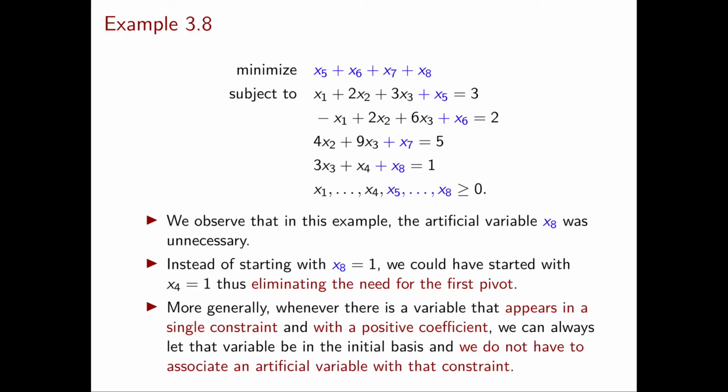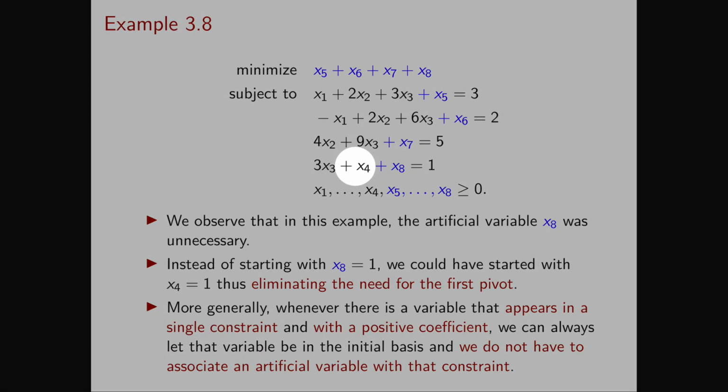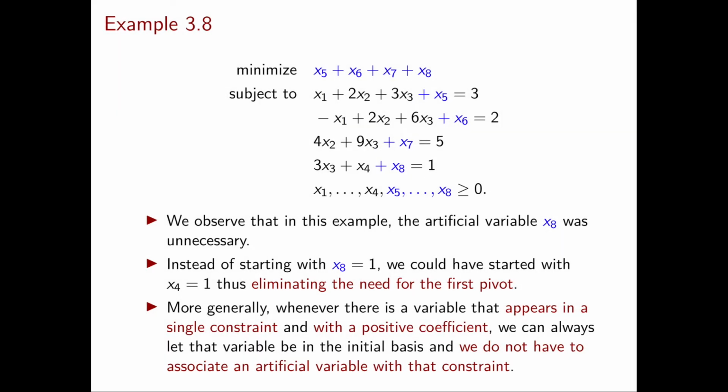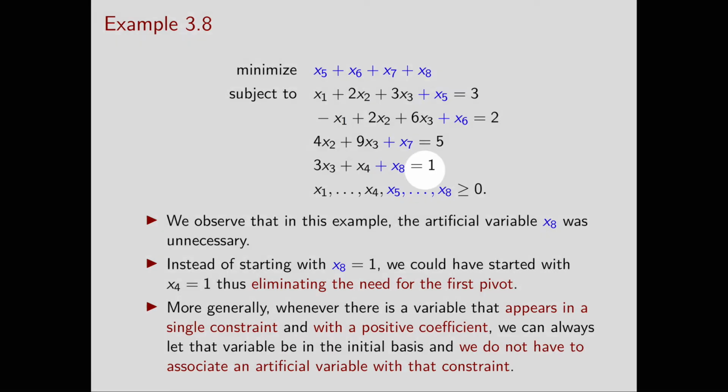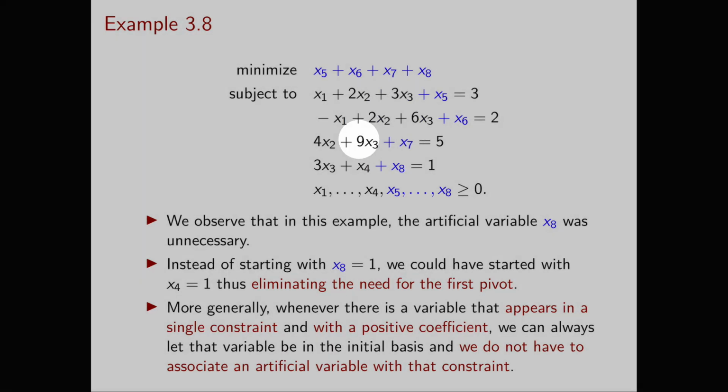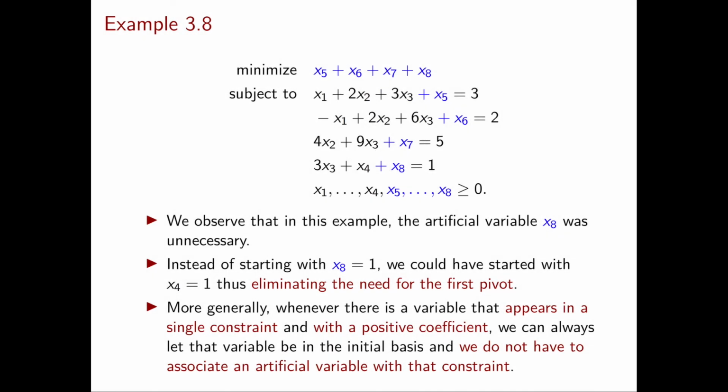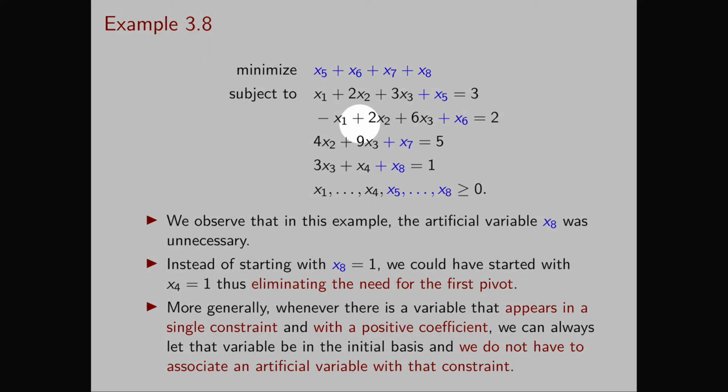The idea is that the variable x4 plays a role in the problem that is symmetric to that of x8. What do I mean exactly with this sentence? I mean that x4 appears with a +1 coefficient in the same equality constraint, and x4 also doesn't appear in any other equality constraint. So essentially, in all our discussion, we could have used x4 instead of x8.